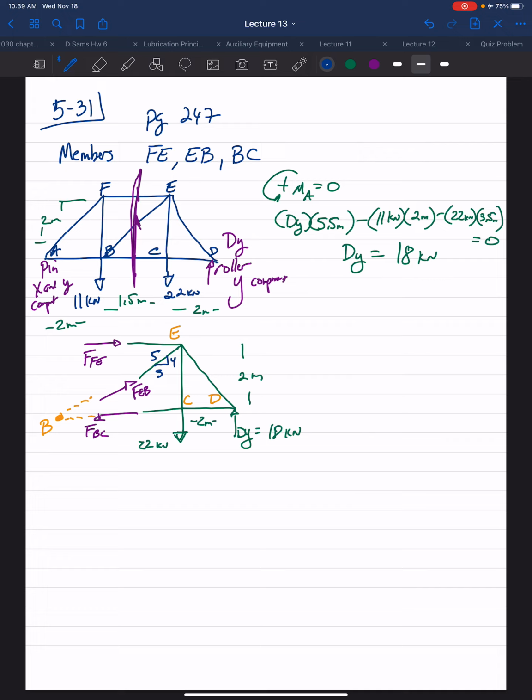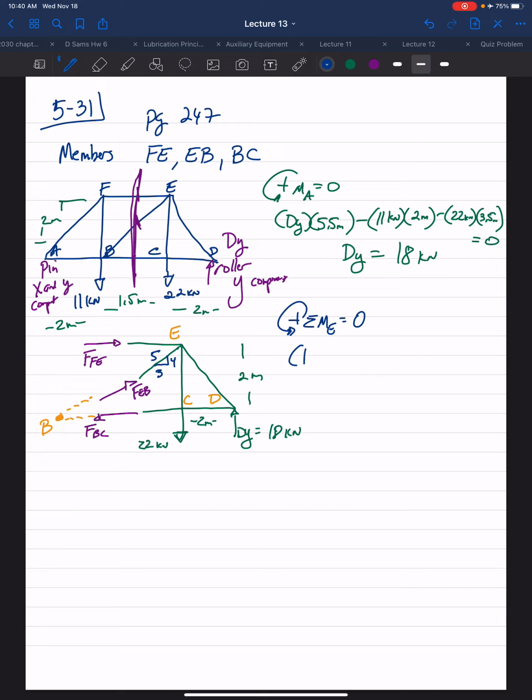So getting to work using our method of sections, if we take the sum of our moments about point E, we can eliminate the forces in members FE and EB because they both go through point E, which will allow us to calculate the force in member BC. Also, the 22 kilonewton force line of action goes to point E, so we can ignore that, which then allows us to just work with the dy support reaction force of 18 kilonewtons and FBC.